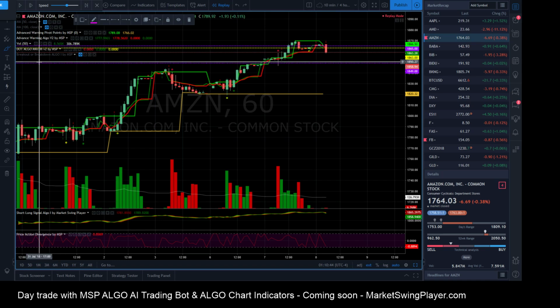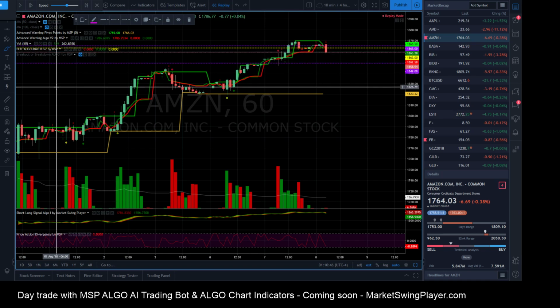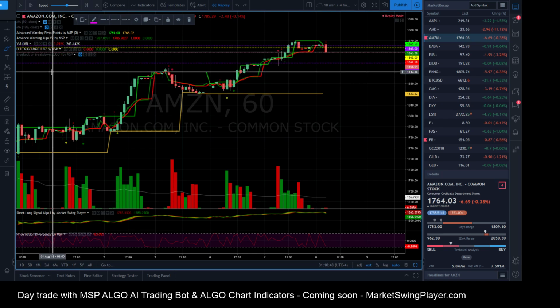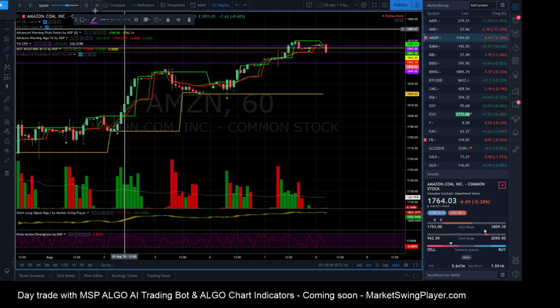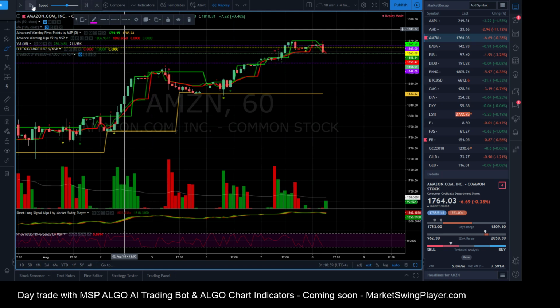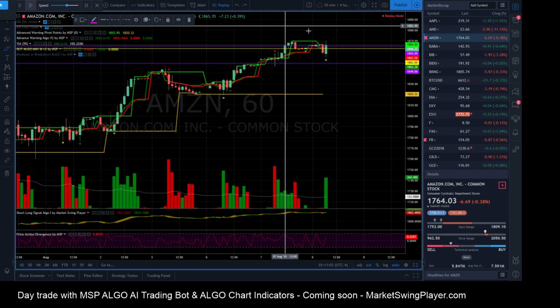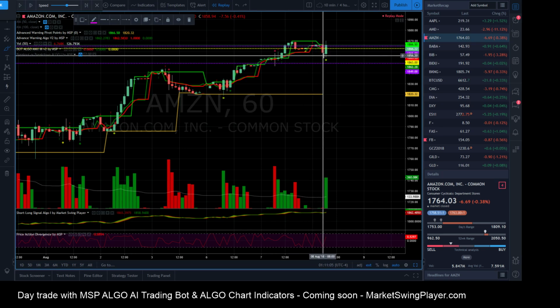Okay, let's see what happens, and if we could predict future price action with a high probability of success. So, this is the 9 o'clock candle.